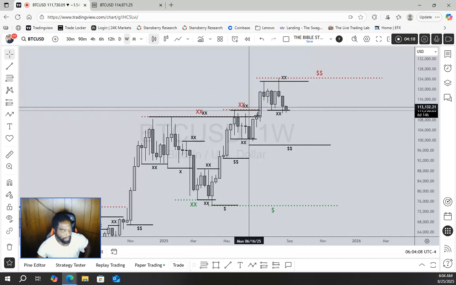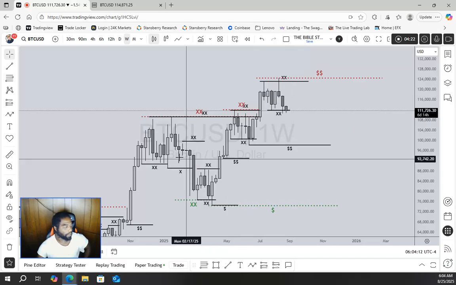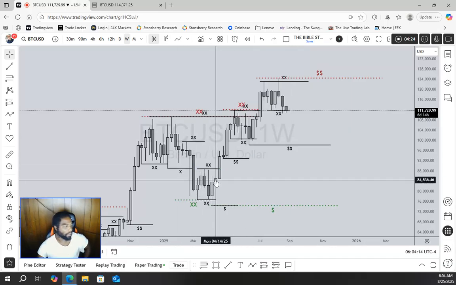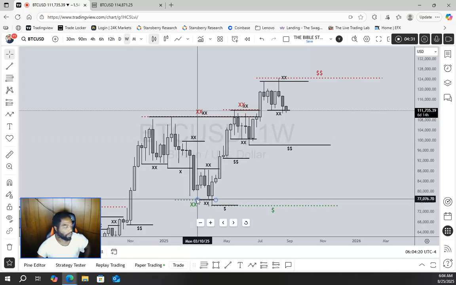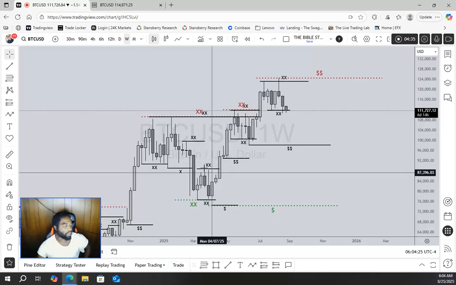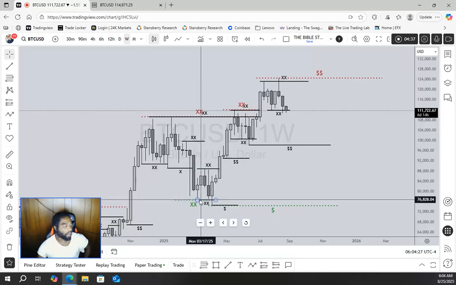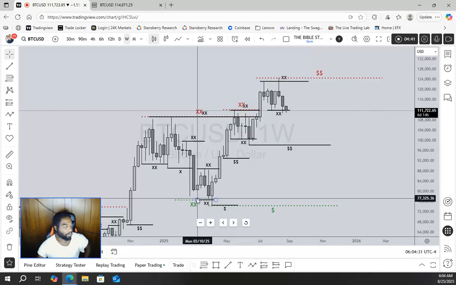So this same reversal price action is the same reversal price action that we produced here. Order of operations: bearish impulsive move, followed by a ranging retracement, ranging corrective price action, creating equal highs and equal lows, followed by a bearish impulsive move.